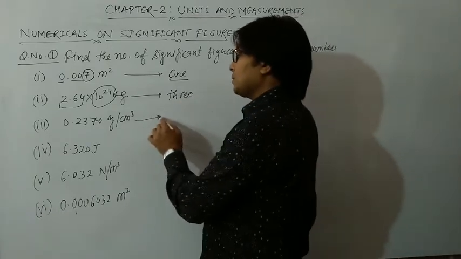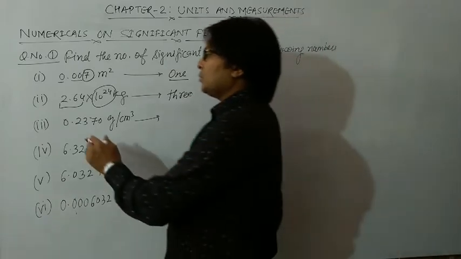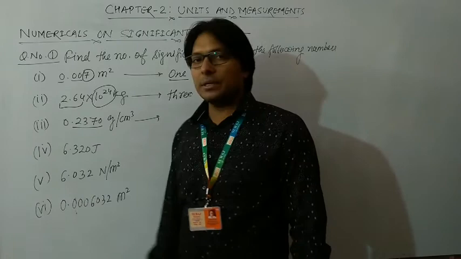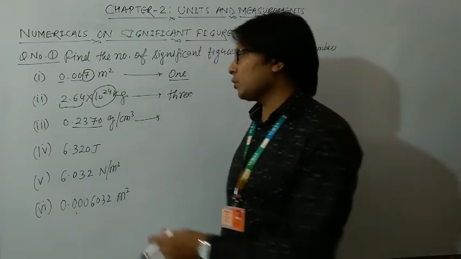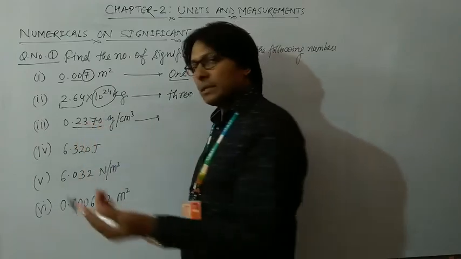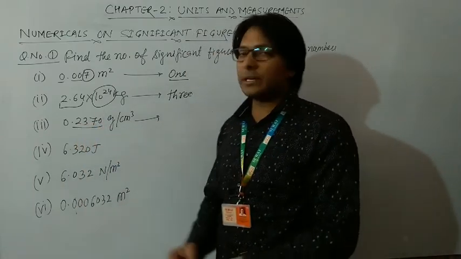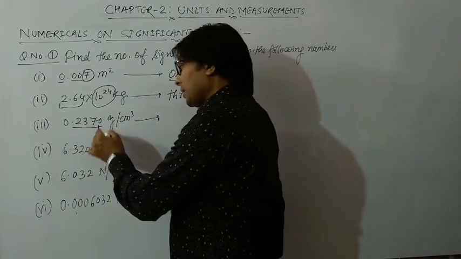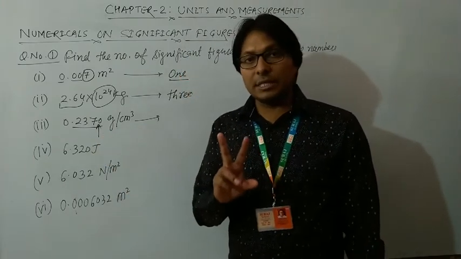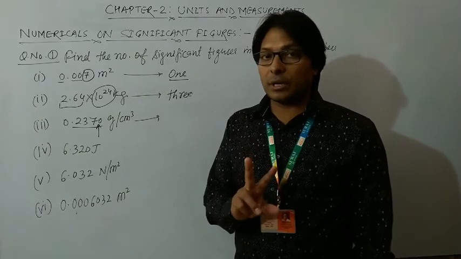Next, in this question, 0.2370. This number has a decimal point, and 237 are always significant figures, but what about this 0? This is a trailing 0, and we have discussed two rules about trailing 0.